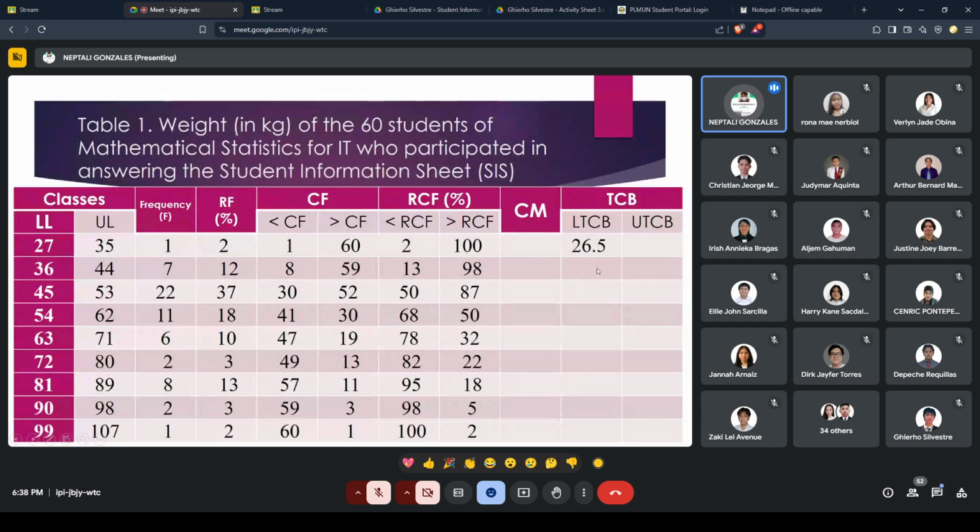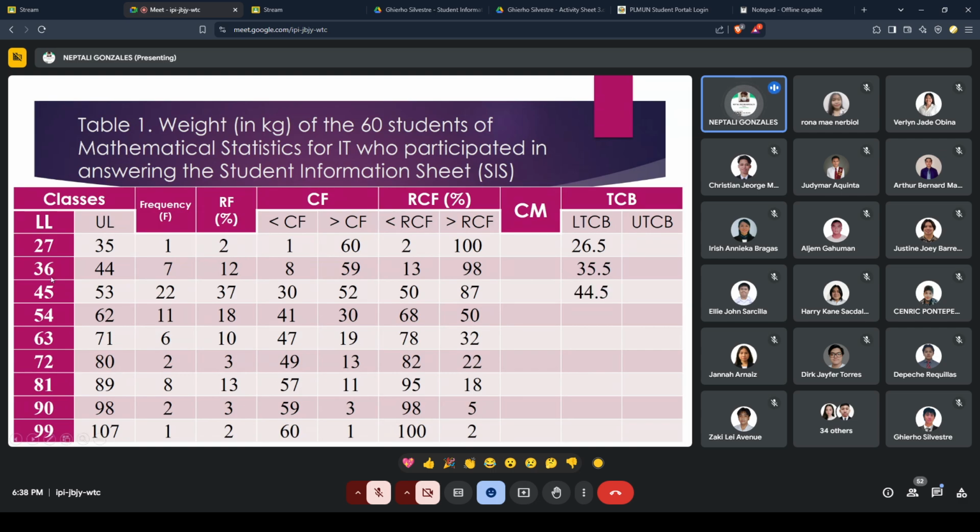You will get the next lower true class boundary. Another way is by adding the class size again. Add 9 to preceding terms to get the lower true class boundaries until the end. So plus 9, 35.5, plus 9, 44.5.